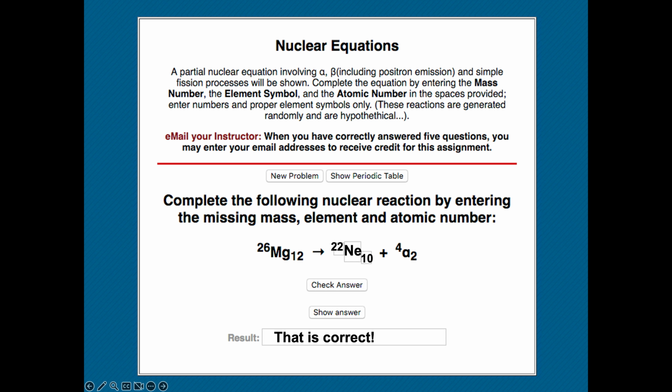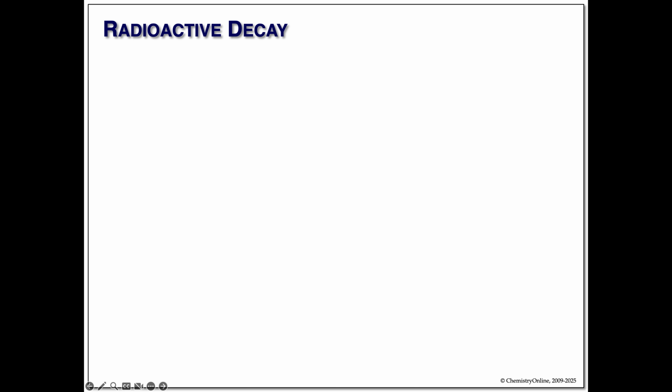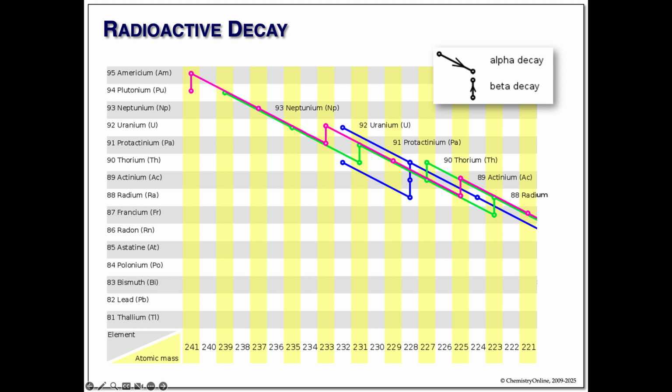Well, you noted that we sort of keep seeing the same sorts of nuclei coming up and down as we decay. There's a little chart that's useful to see this. When we lose a beta particle, the atomic number goes up by 1. When we do an alpha decay, the atomic number will drop by 2. The mass number will drop by 4.